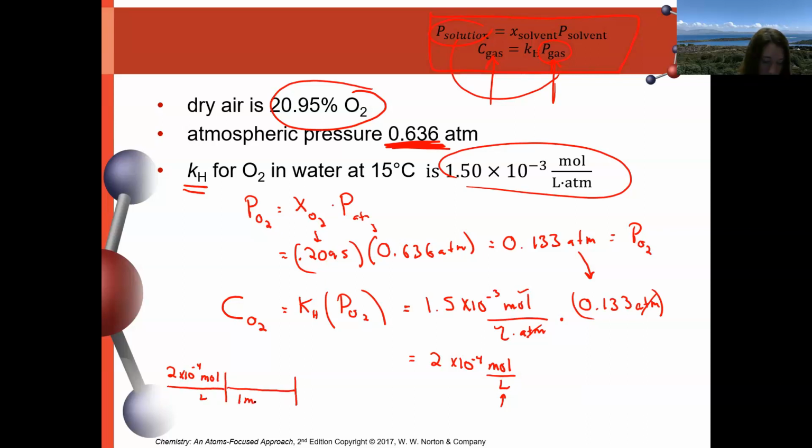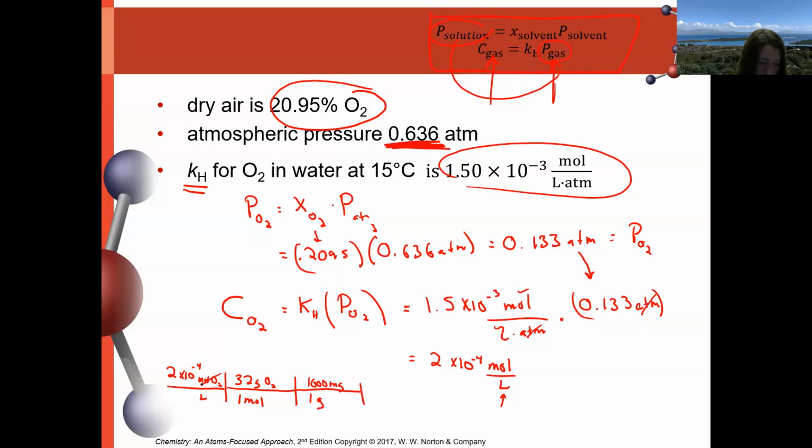And in 1 mole, let me just see if I can fit oxygen in here. Moles of oxygen, right? And in 1 mole, there's 32 grams of oxygen. And in 1 gram, there's 1,000 milligrams.